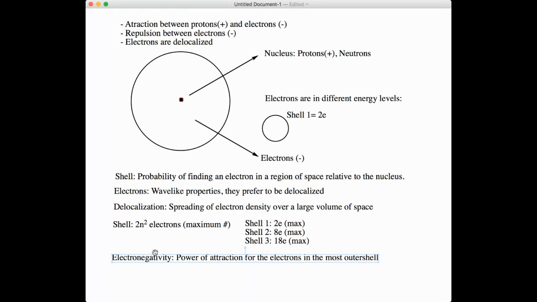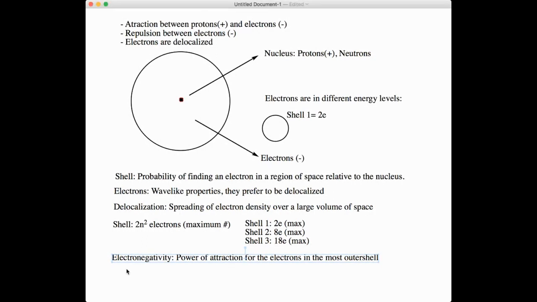So if the most outer shell is shell number 3 in one atom, in the second atom it's shell number 5, then obviously that atom with shell number 3 is going to be more electronegative because it's going to be attracting those electrons that are farther away from the nuclei strongly. Okay, so we weren't going to have time to go over this in detail, but electronegativity is a very important concept to understand a lot of things in chemistry and in organic chemistry in particular.